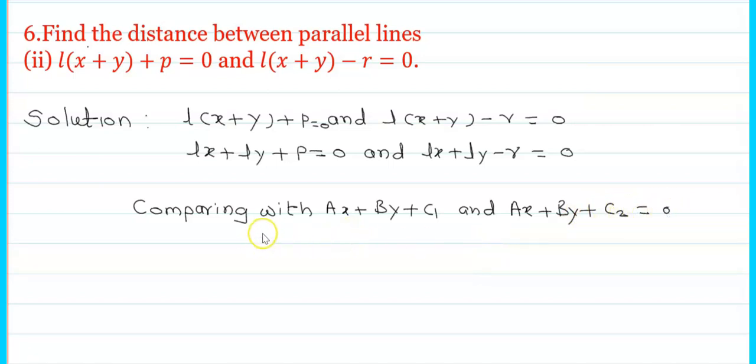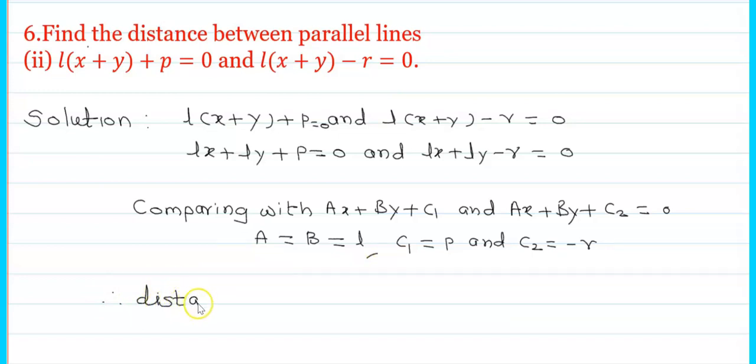Here a and b both are equal, therefore we write a is equal to b is equal to L, and what about the p? That is c1 is equal to p, and c2 is equal to minus r.